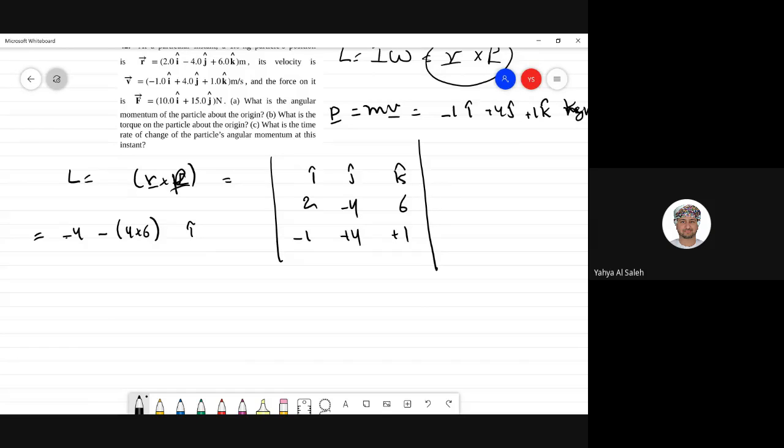For j, I will have i cross k. What is i cross k? Plus j, minus j. Remember the rules. i, j, k, i, j, k, i, j, k.